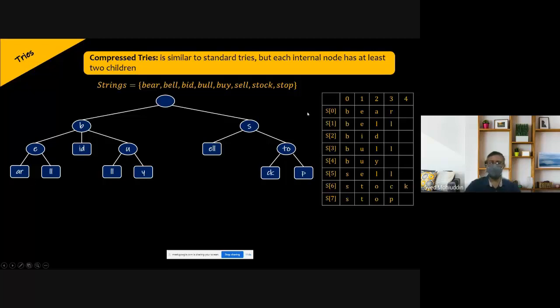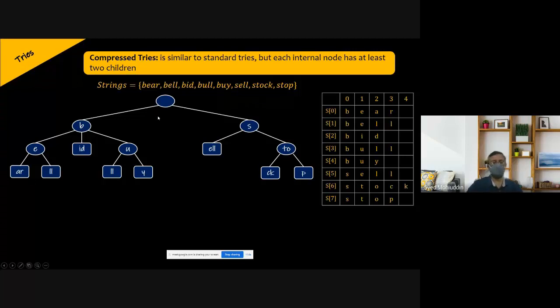Each string itself is also an array, starting from 0. We have labeled this up to 4 because the largest string has 5 letters. So from 0 to 4 we have the length of the string, and the strings themselves are stored in an array.